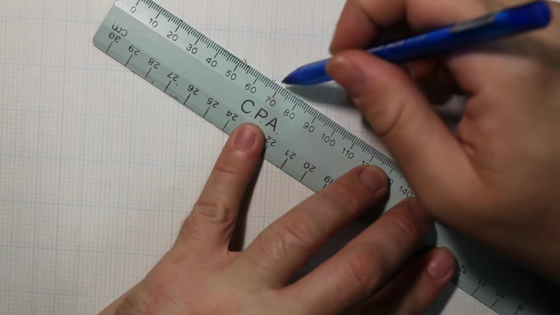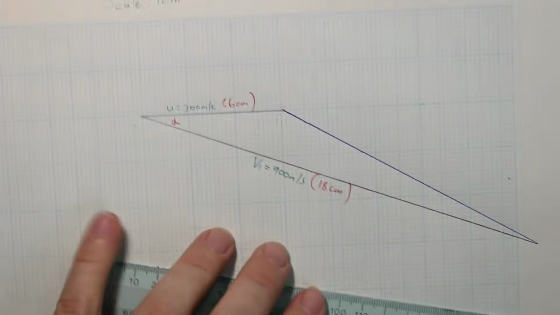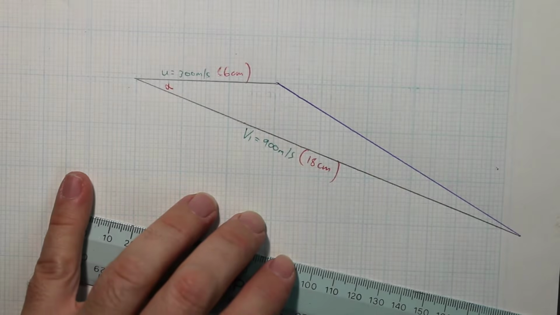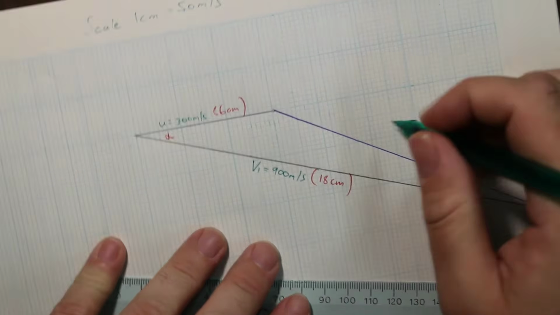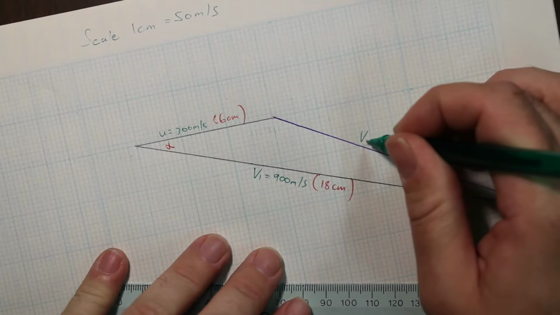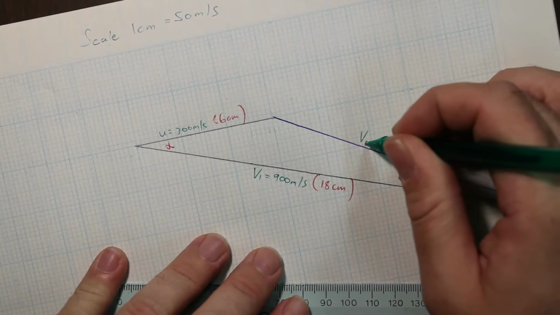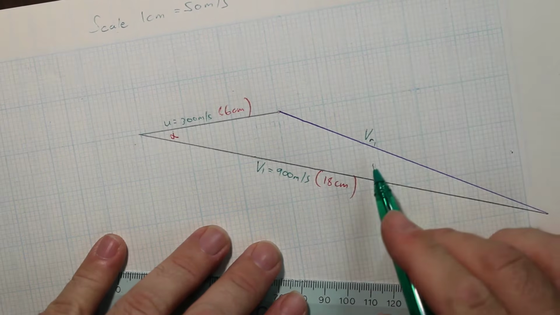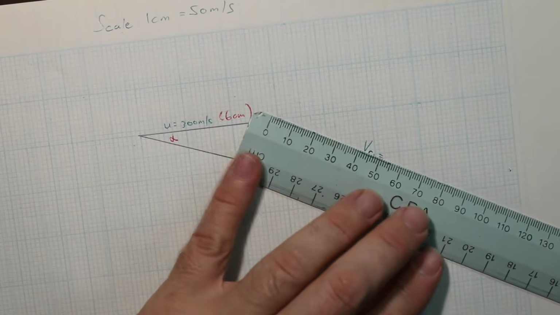I'm going to do that in blue so you can see it nicely. There you go. That line now is V relative velocity 1, VR1.